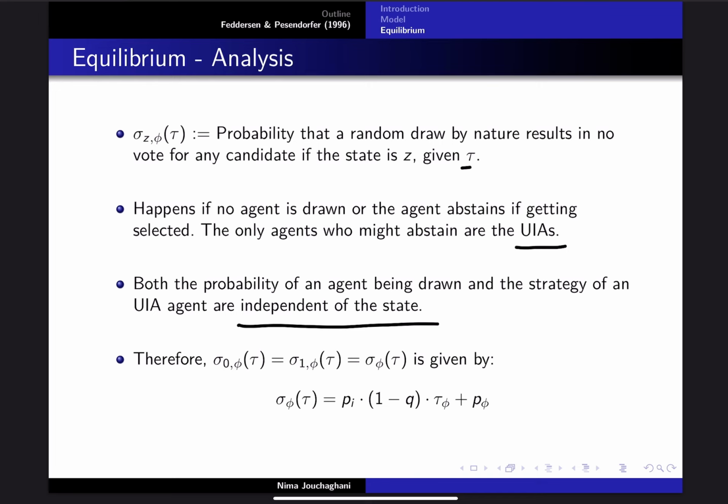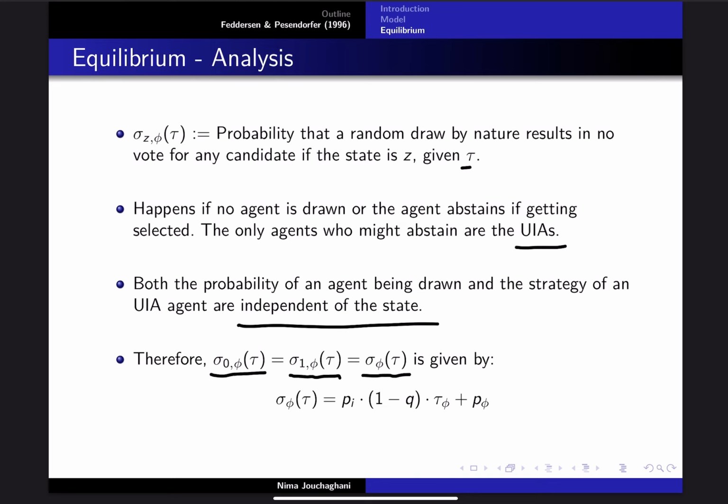As a consequence, the probability that in state 0, a random draw by nature results in no vote for a candidate, given tau, is equal to the probability that given state 1, a random draw by nature results in no vote for a candidate. And then we can simply drop the state here.